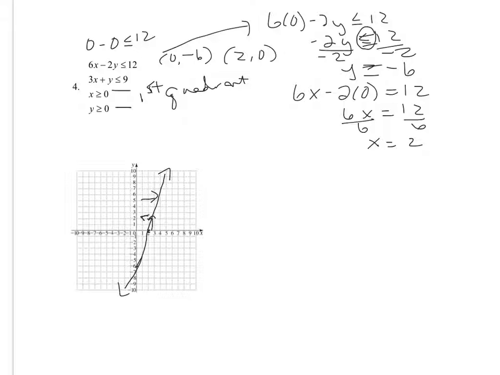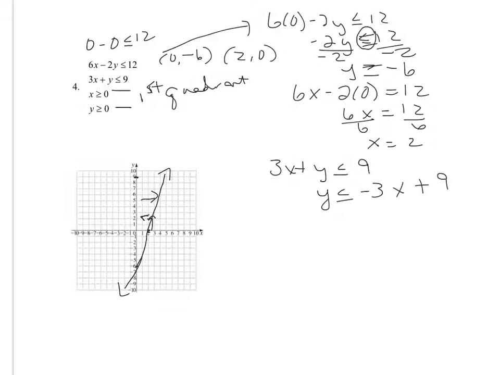One more to go, and then we can figure out exactly where we want to draw the shading. So 3x plus y is less than or equal to 9. That one would be easy to get into slope-intercept form if I just subtract 3x from each side. So y is less than or equal to negative 3x plus 9. So that tells me my y-intercept occurs at 0, 9.